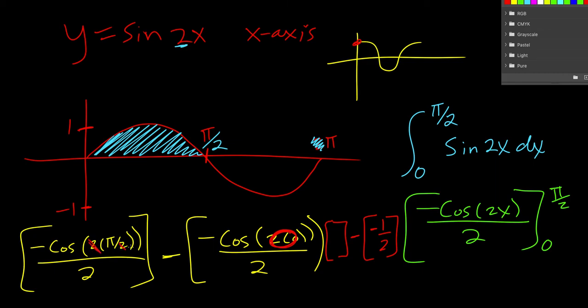We're just finding cosine of pi, which half of the period is pi, and so this is negative 1. Negative 1 times a negative is positive, so the entire thing in here is 1/2. Okay, now we have 1/2 minus a negative 1/2, so it's the same thing as saying 1/2 plus 1/2, which is just 1.